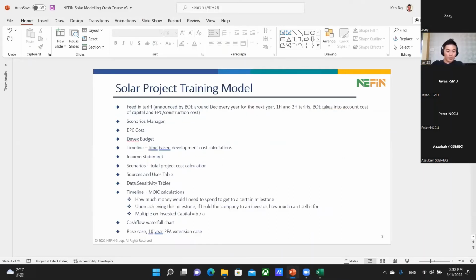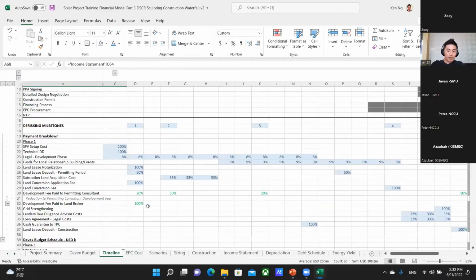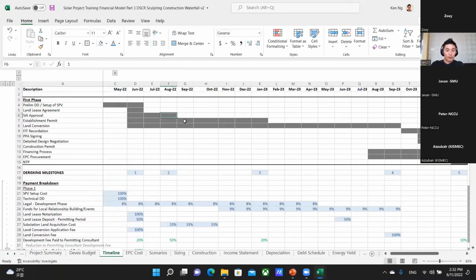Now, in terms of the timeline MOIC calculation. So in terms of the timeline, right? As we discussed just now, the key permitting milestones are SIA, EP, and land conversion.